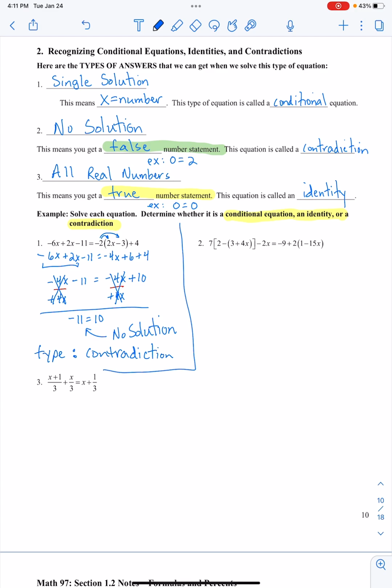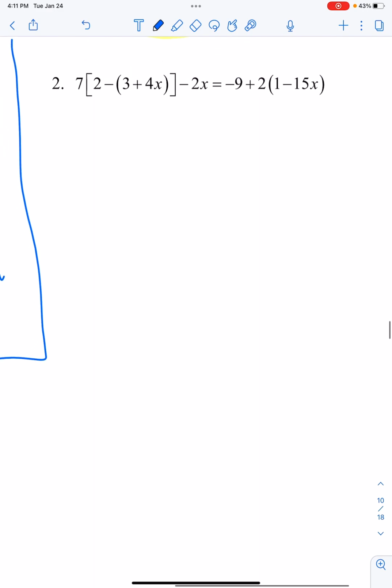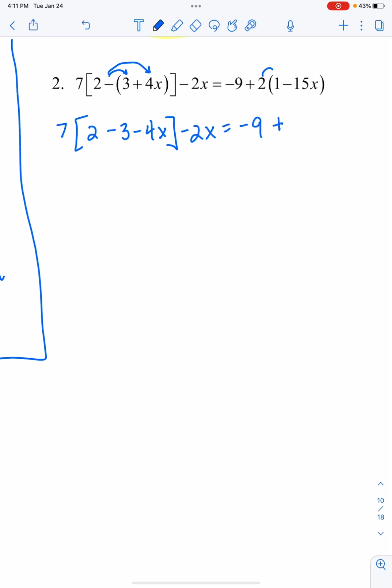All right, so let's move on to number 2. Number 2, we will start with the parentheses inside the brackets, and we will distribute the negative. So we get 7 bracket 2 minus 3 minus 4x, close the bracket, minus 2x equals negative 9 plus, we're going to distribute the 2 minus 30x.